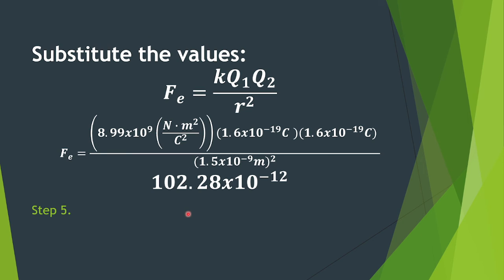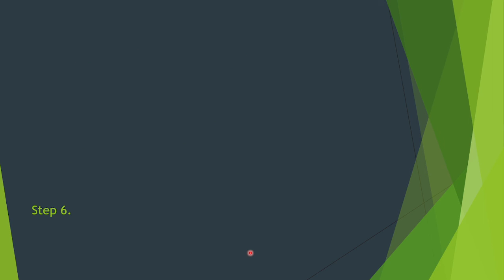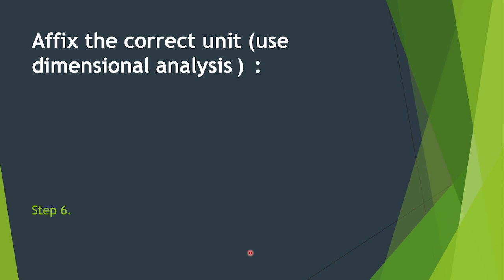It does not have any unit right here, but the unit is newtons, and here we're going to show why it's newtons. So step 6 is to affix the correct unit, where we use dimensional analysis.